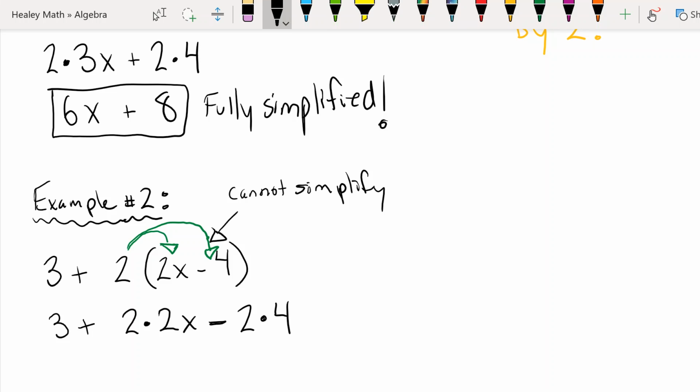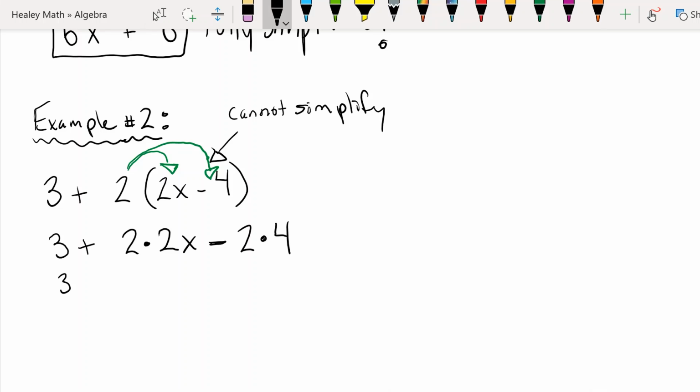Now at this point, we need to simplify. We will just leave the 3 as it is for now. We look at what is 2 times 2x. 2 times 2 is 4. So 2 times 2x would be 4x. Minus 2 times 4, which is 8.